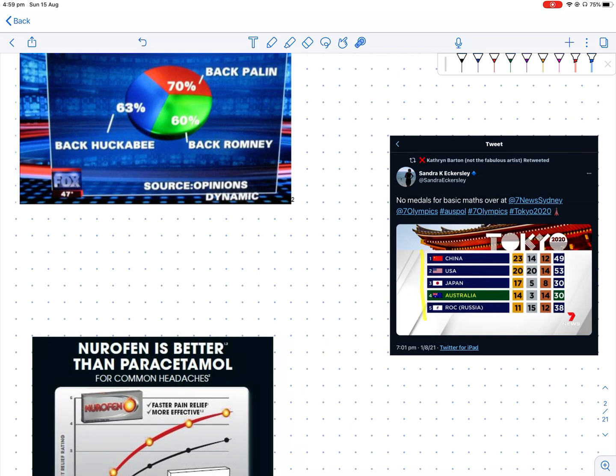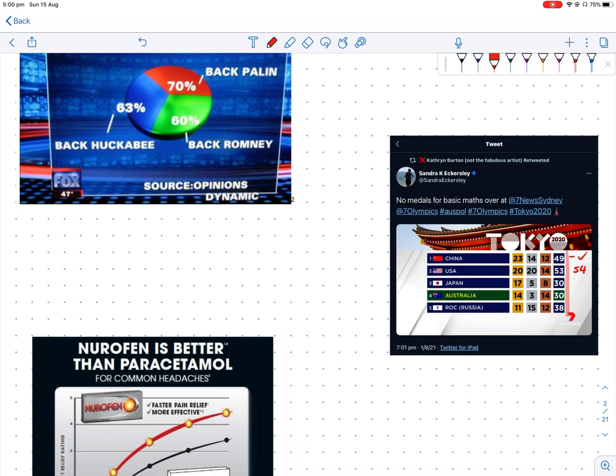But the problem with this one, which isn't so obvious, is that these calculations haven't been done so well. If you look at the adding of these numbers, China did get 49 medals altogether, so if you add that up, the USA actually has 54 medals, so someone hasn't done too well with their mathematics.